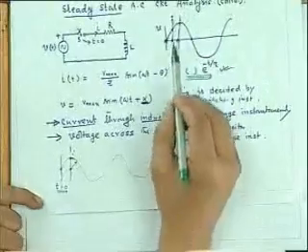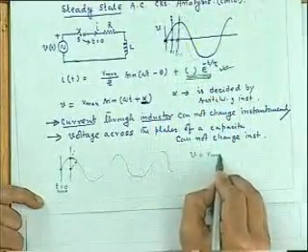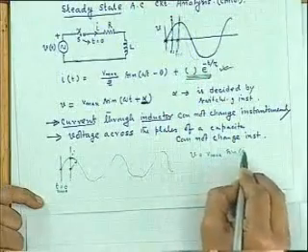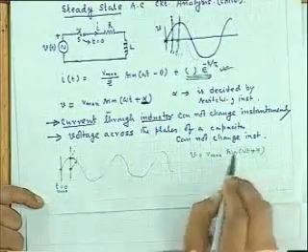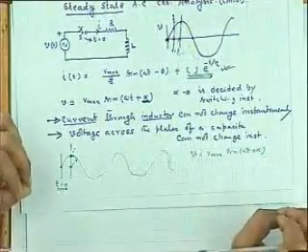Therefore, in general, if you close the switch at any point of time, the expression of the voltage will be V max sin omega t plus alpha. This alpha has nothing to do with your L, omega, R, not a property of the circuit, but rather the instant when I am closing the switch. Now, alpha equal to 0 means I have closed the switch at the instant when voltage passes through 0 and increases.